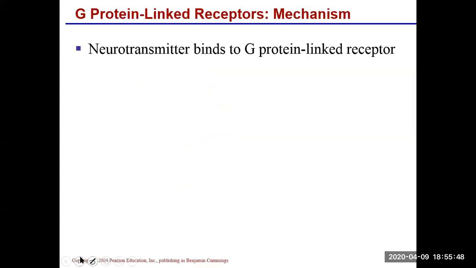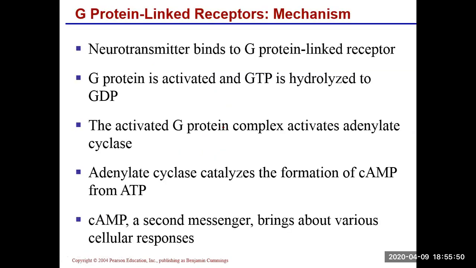Okay, so the neurotransmitter is the first primary signal. This is usually known as a first messenger. The first messenger is a neurotransmitter or chemical. It will bind to the receptor, but this receptor is going to be linked to a protein known as G protein.